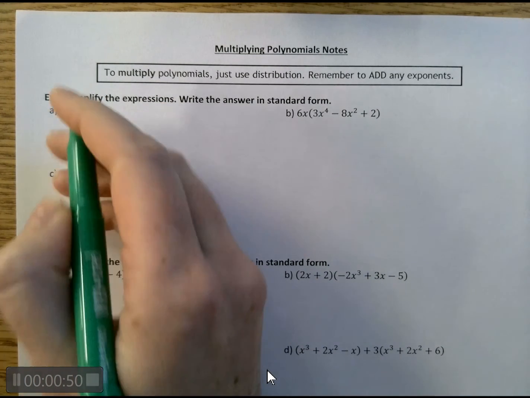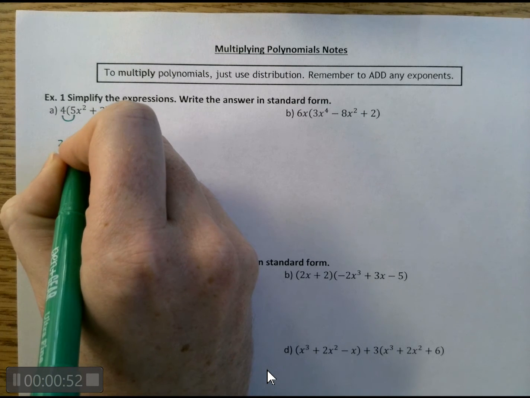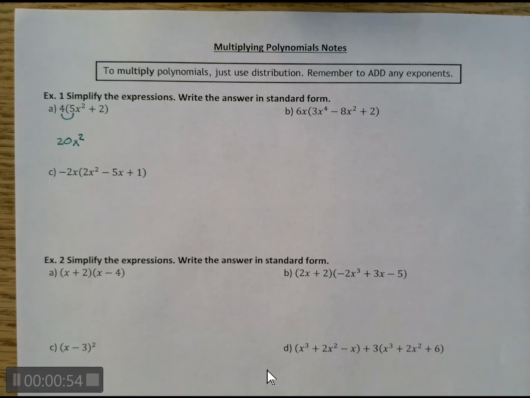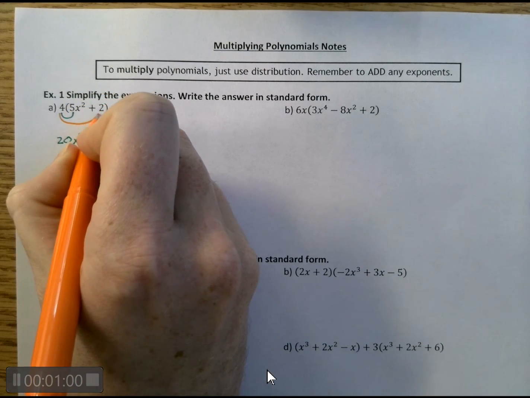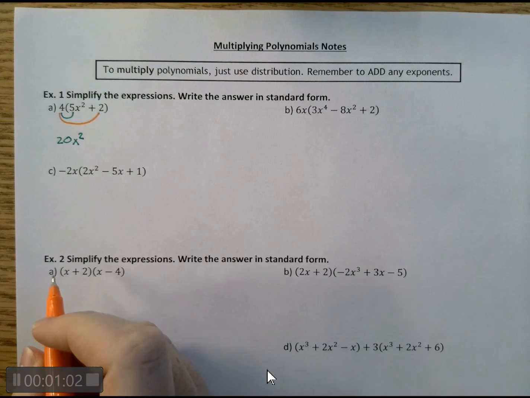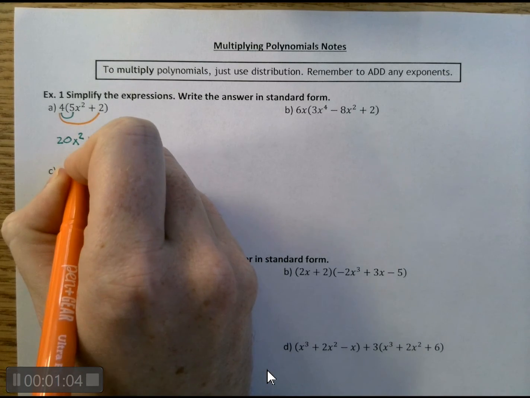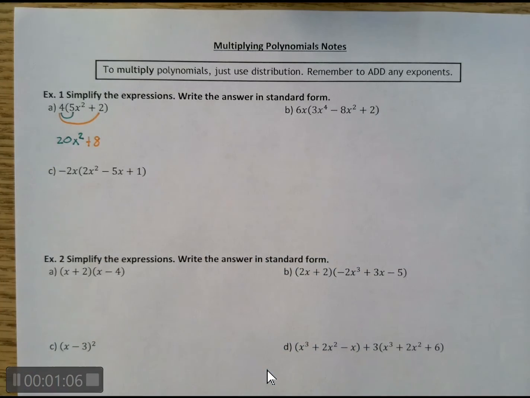And then we're going to bring down the x squared. Okay? And then we are going to multiply the 4 times the 2. And that is going to give us 8. And that's our answer. Pretty simple, right?